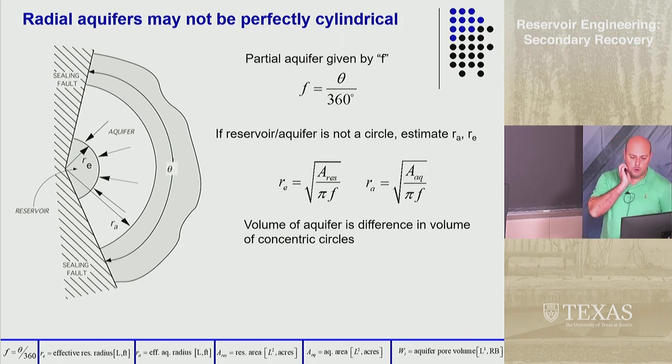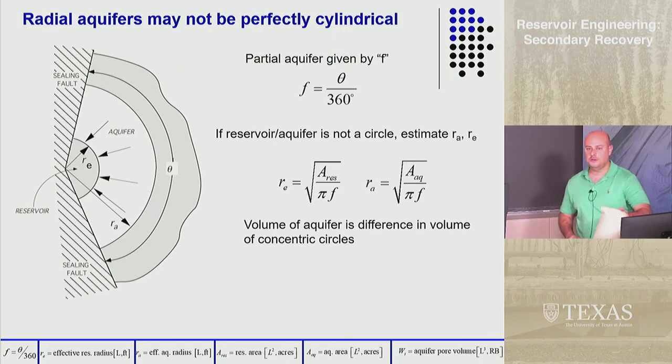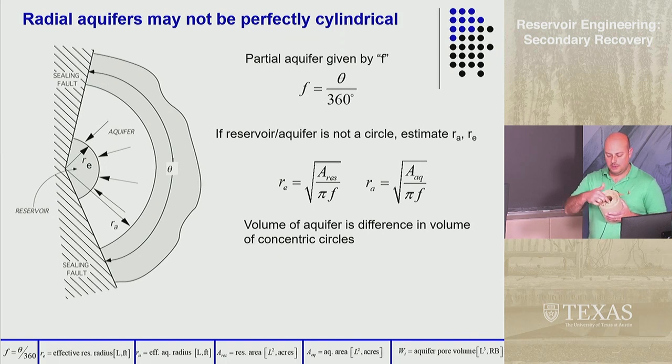So if we want to know the volume of the aquifer, and these are concentric cylinders like I've got here, then the volume is the outer area times the thickness. This is the thickness of my aquifer, minus the area of the inside, the reservoir, times the thickness.